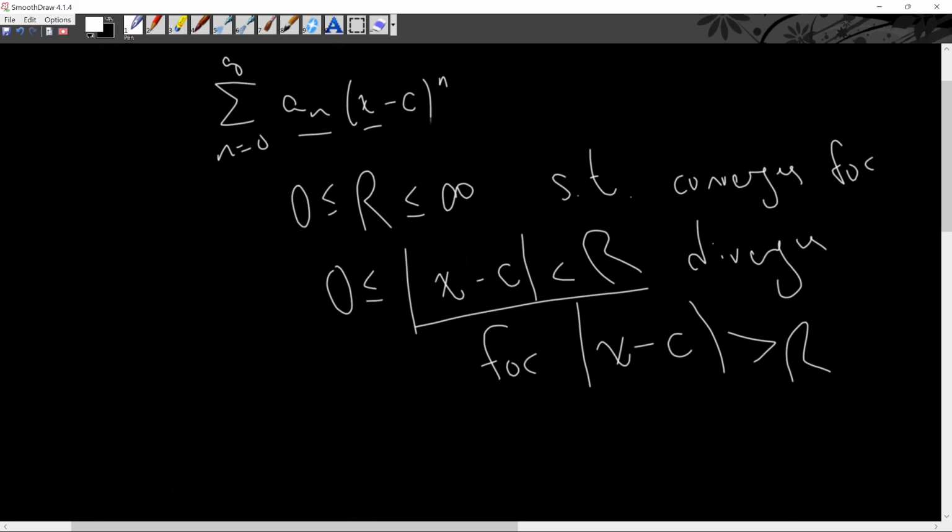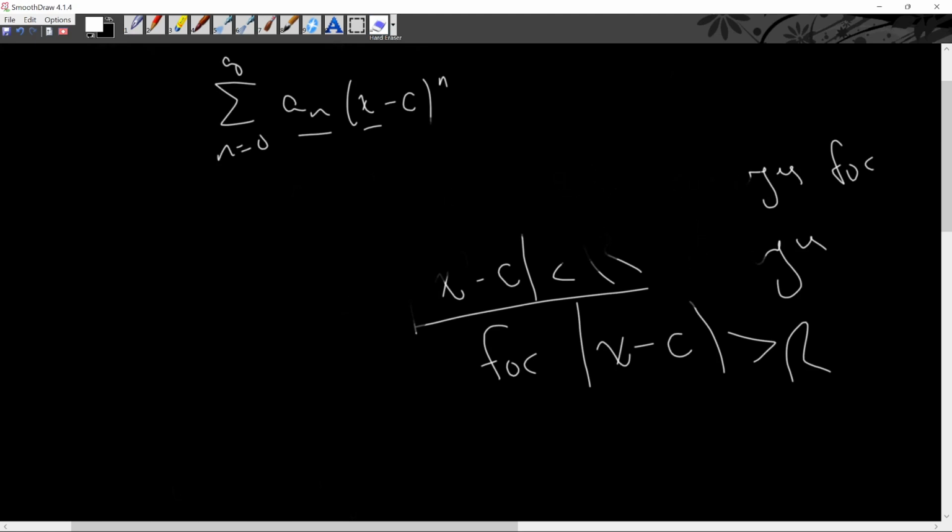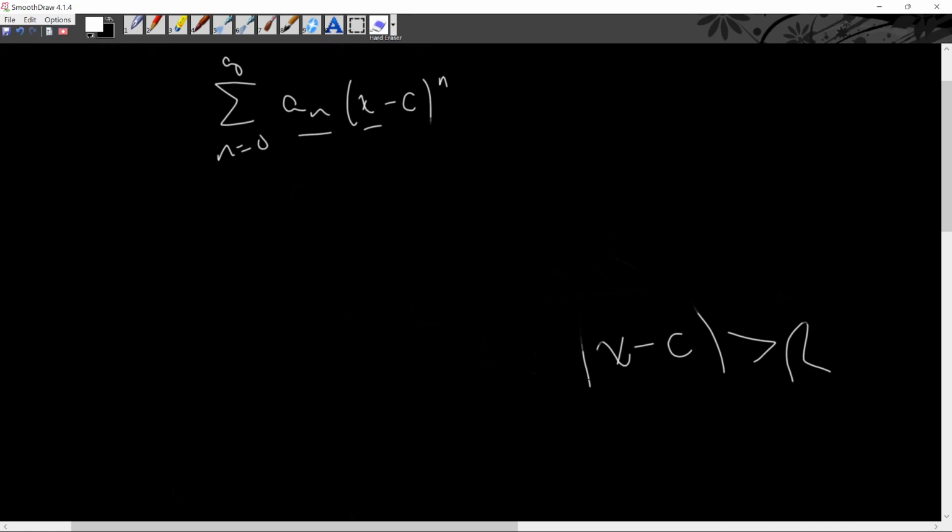So let's just assume that c is equal to 0, because there are certain types of power series that we will do. They're going to be called Maclaurin series. There are many series in which c is simply equal to 0, because there are many functions.